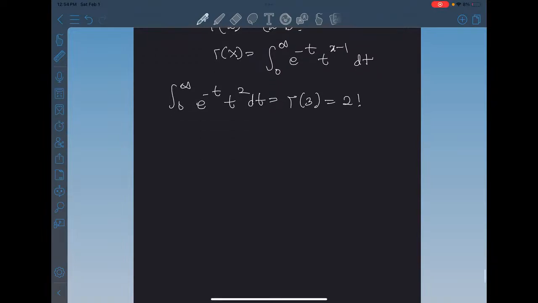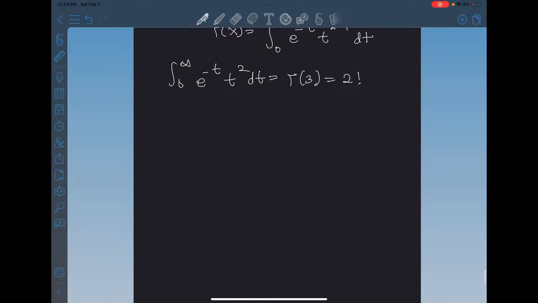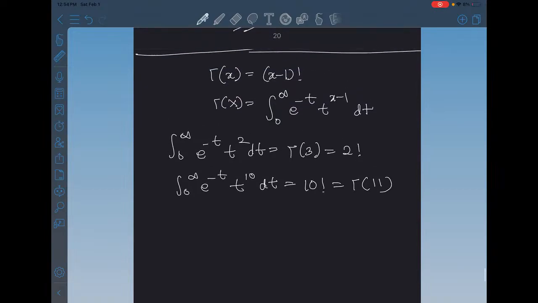If you evaluate it using integration by parts, you will see it's 2 factorial. Similarly, if you evaluate t to the power 10 times e to the power minus t dt using integration by parts, the answer is 10 factorial, or gamma of 11. So gamma is defined this way: the argument of gamma is one more than the factorial.